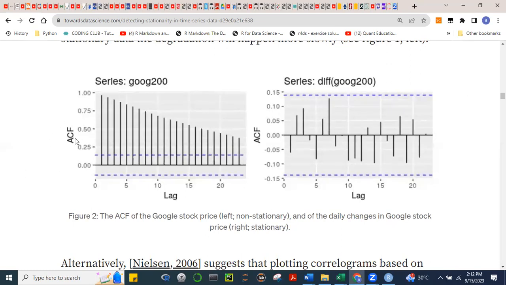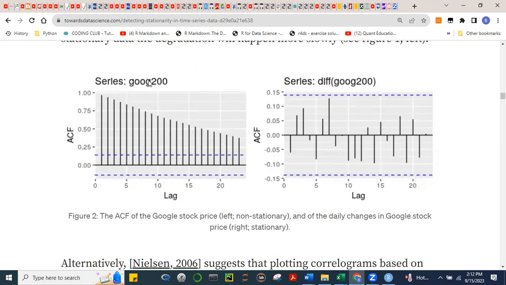ACF, autocorrelation plot. These are both ACF plots, no? Autocorrelation plots. Okay, this is the autocorrelation plot for Google. Take a look at this, class. Autocorrelation plot for differenced Google. So you notice their autocorrelation is very much different.